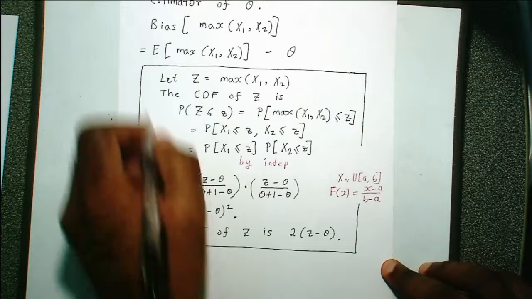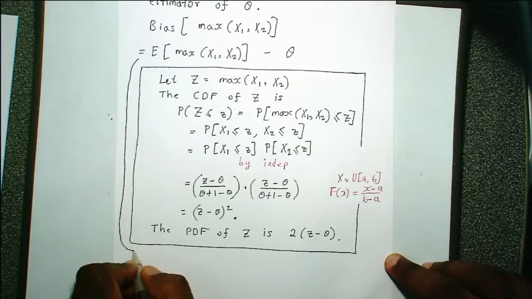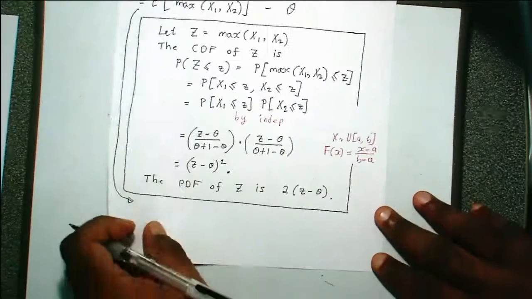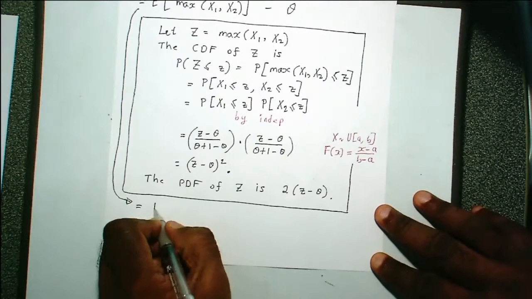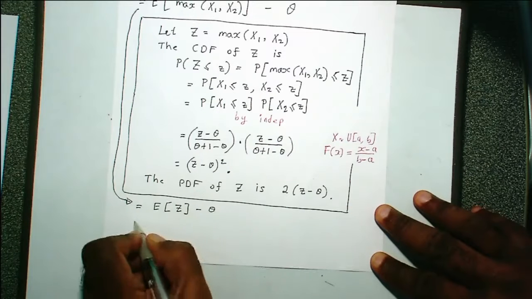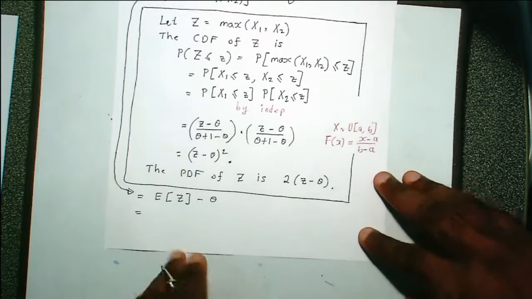So that guy here becomes the expectation of Z minus theta, which is now for a continuous variable.